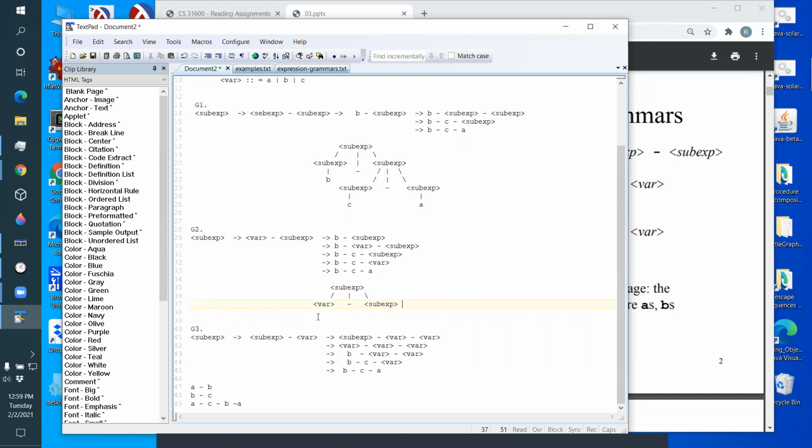Now the left one became the letter B. The minus sign stays a minus sign. What did this thing expand to? This guy expanded to that thing there. This one expanded into three branches: a sub-expression, a minus sign, and another sub-expression.